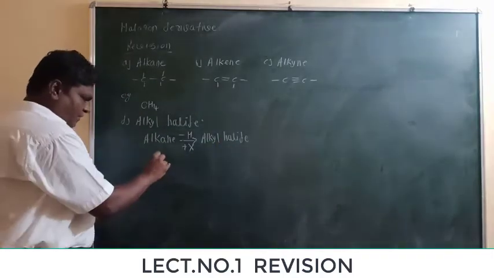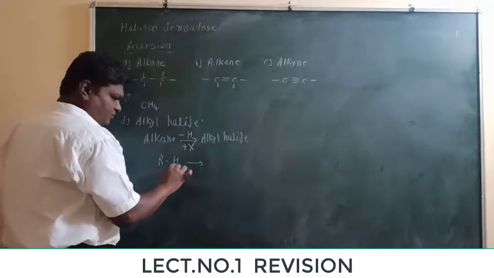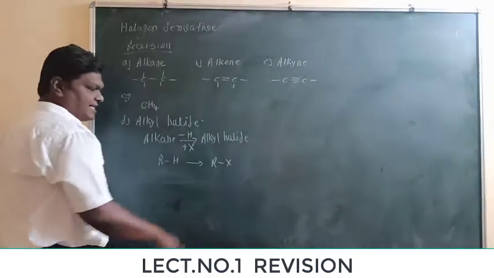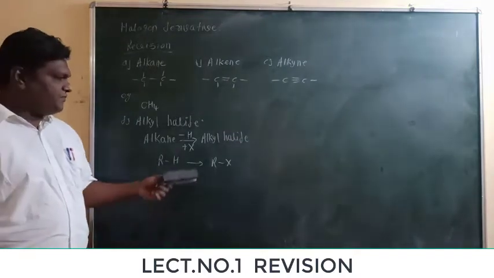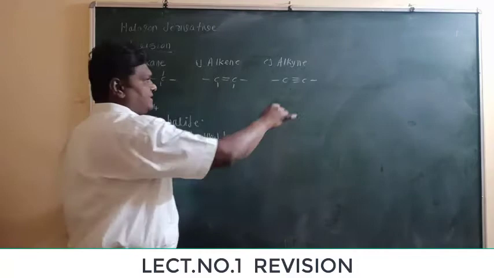If RH is considered as alkane, just replace the hydrogen atom by a halogen atom, and you will get RX. This is called an alkyl halide. So different kinds of alkyl halide groups are present. Let's start with that also.